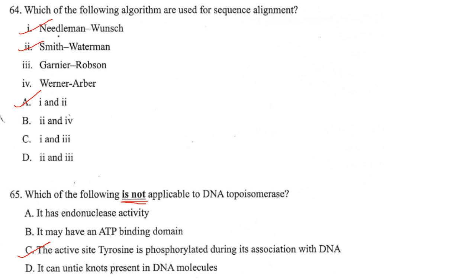Which of the following is not applicable to DNA topoisomerase? Not applicable, they have asked. It has endonuclease activity. Yes. It may have an ATP binding domain. Yes. The active site tyrosine is phosphorylated during its association with DNA. That is not correct. So option C is incorrect.